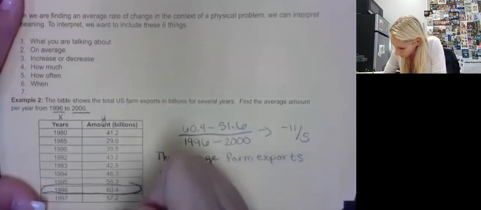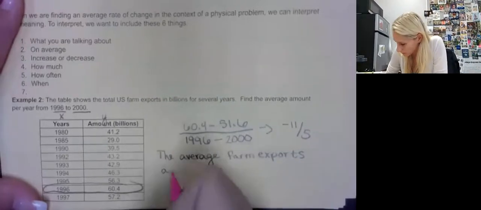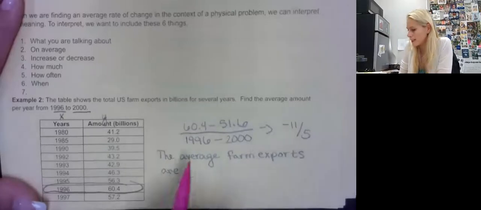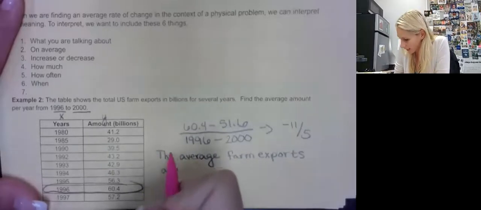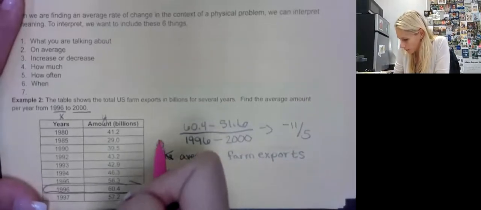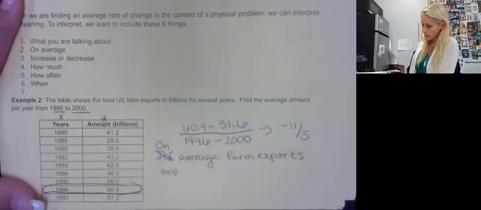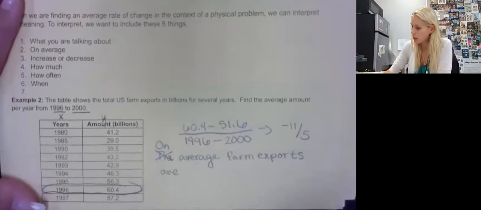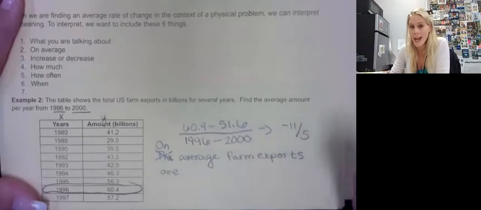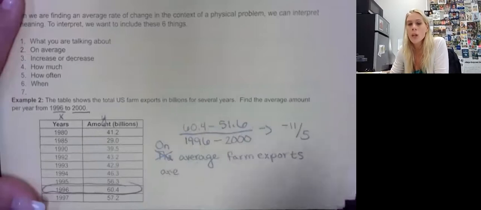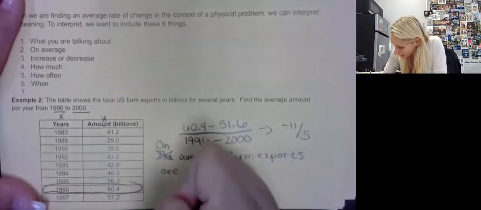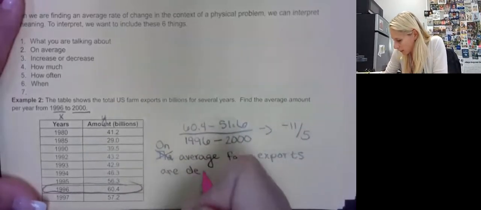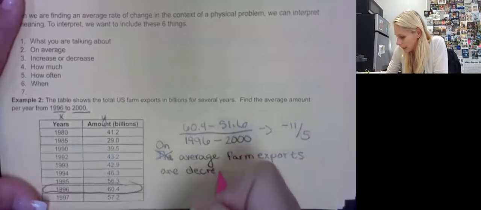So maybe instead of saying the average, say on average. On average, farm exports are, now this is negative. So you don't want to say are negative. You want to say are decreasing. So if it was positive, we would say increasing. Are decreasing.